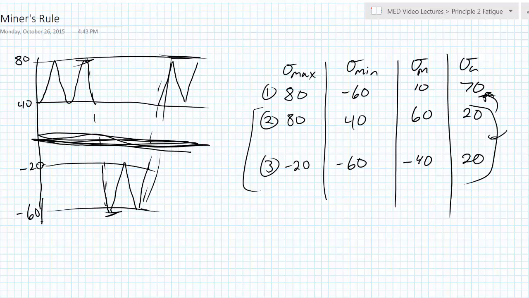We're going to assume that every cycle this part goes under is going to cause some amount of damage, and then we're going to add all of that damage up and see if it equals the point at which a part would fail. So we need to establish a framework of the number of cycles under each type of loading it's going to experience, and compare that to the number of cycles it would take at that loading to cause failure.